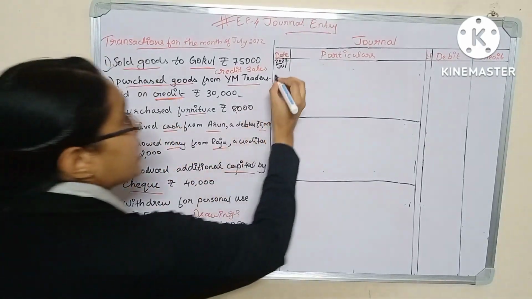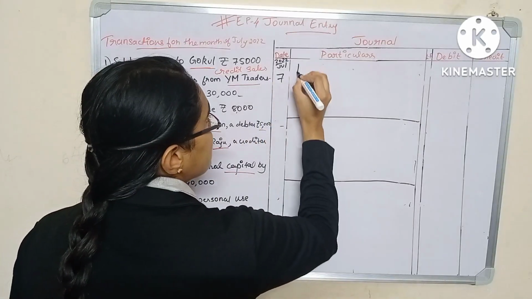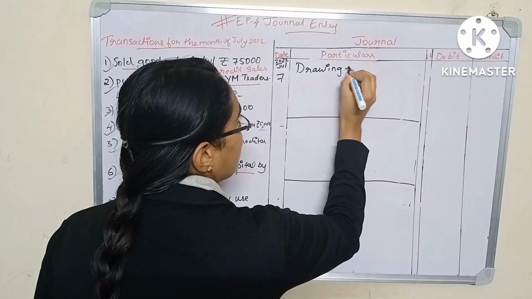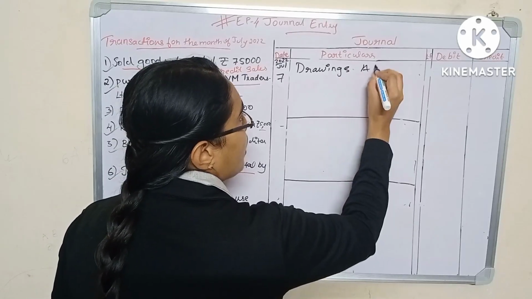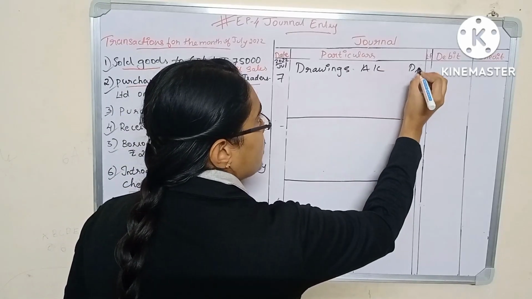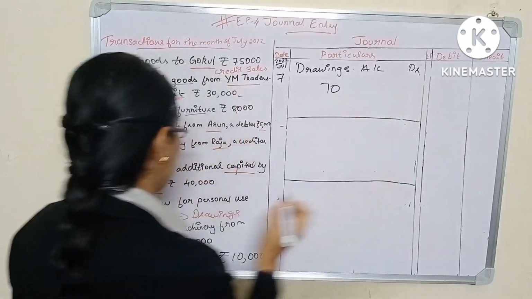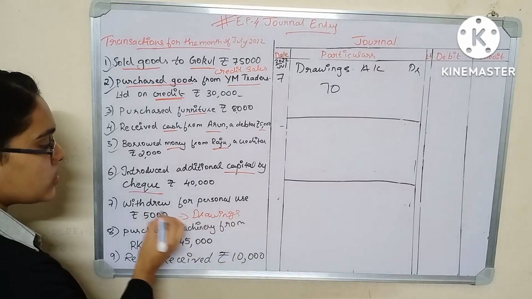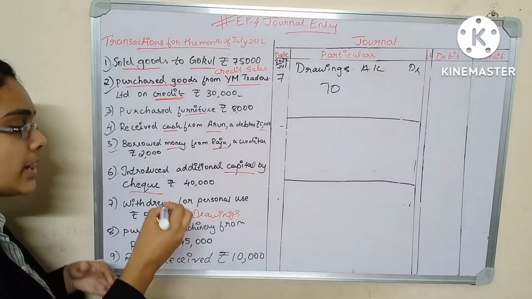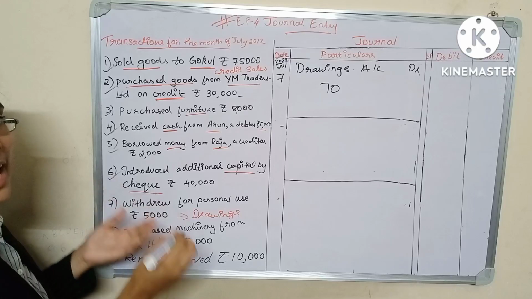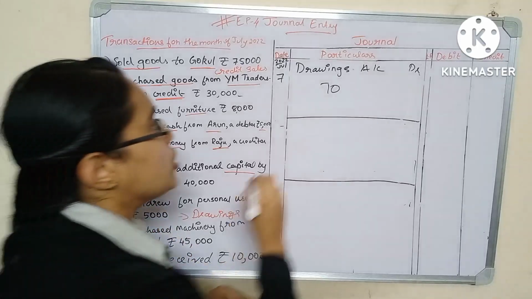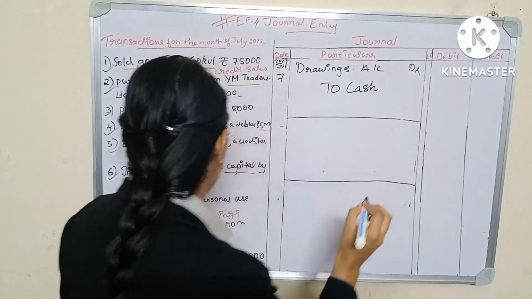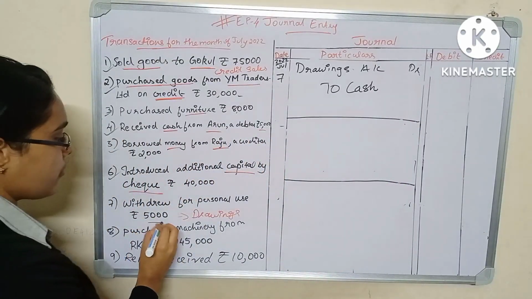First of all, date 7th of July, and you are debiting your drawings account. Drawings account debtor to cash, because you're withdrawing cash. Withdrew for personal use. There is no word cash mentioned here, but still you consider it as cash. Cash is withdrawn, so you write it as cash here. And how much is the amount withdrawn? 5,000.